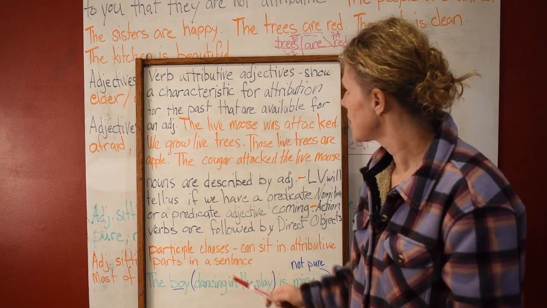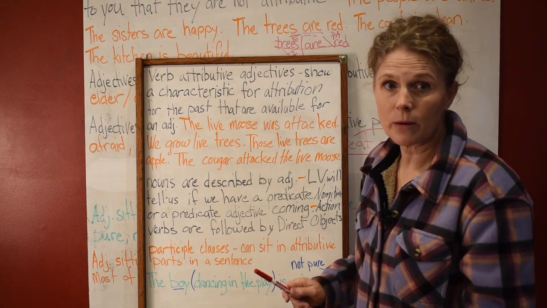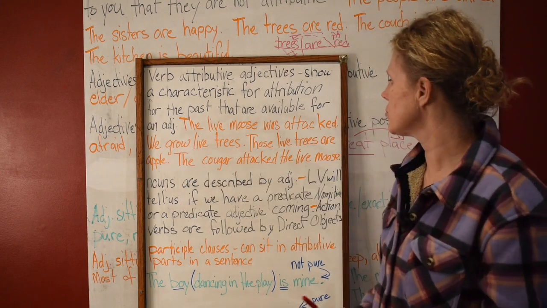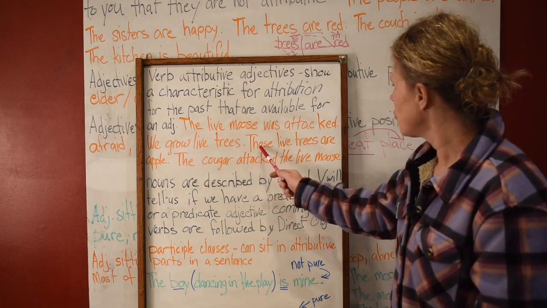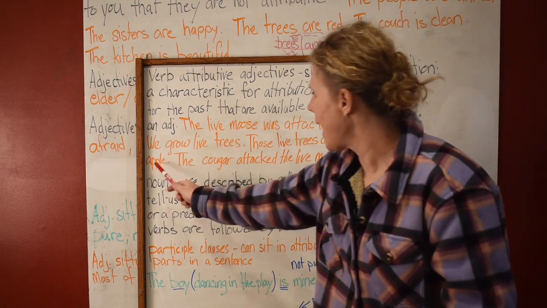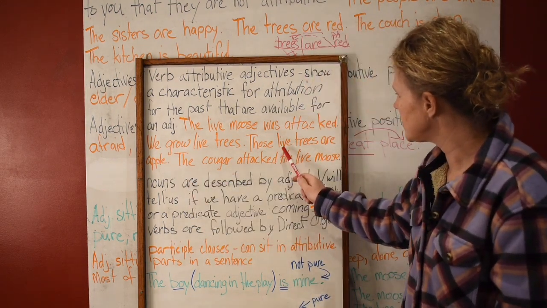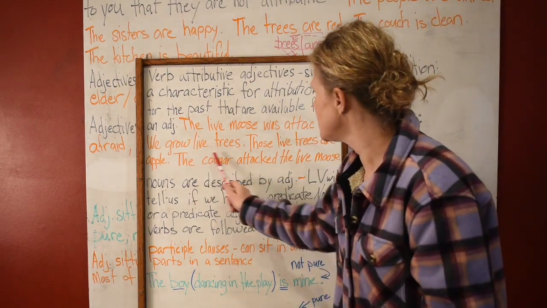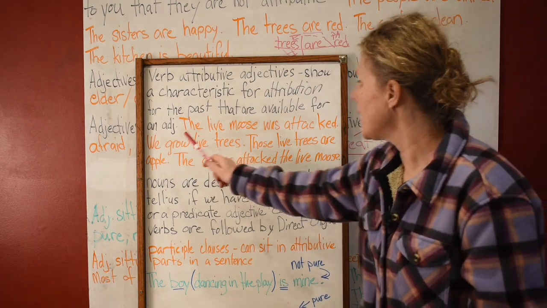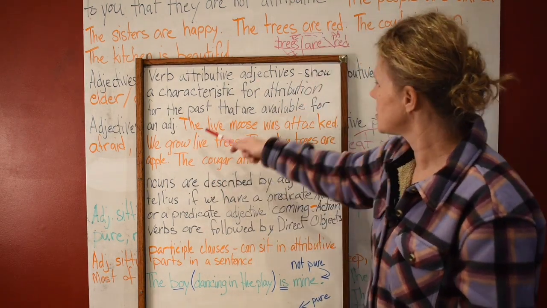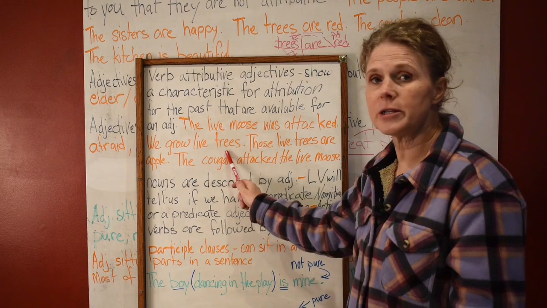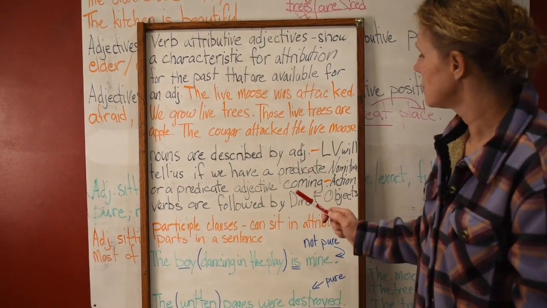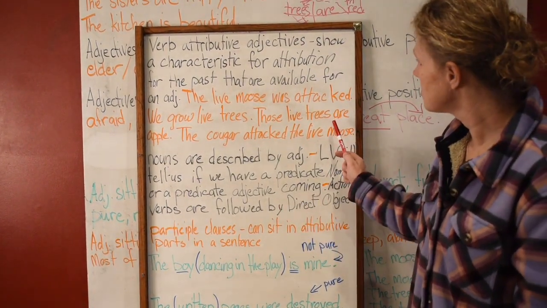Okay? And this right here is your direct object. What's receiving the grow? The trees are receiving the grow. So those live trees are apples. See how it can sit in the subject position, but this is not a predicative position because this is attributive, right in front of the noun it affects. It's in front of the noun. Can you see that?